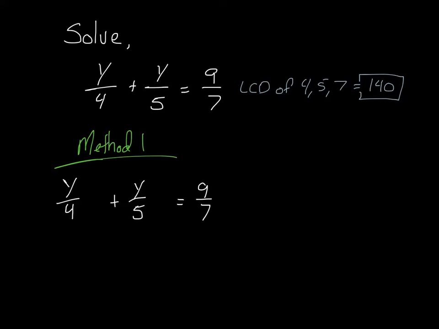The first method for solving these types of equations is to write them all with the same common denominator. That's the first step. So with my common denominator of 140, I need to multiply this first fraction on the top and bottom by 35. The second fraction I need to multiply by 28.